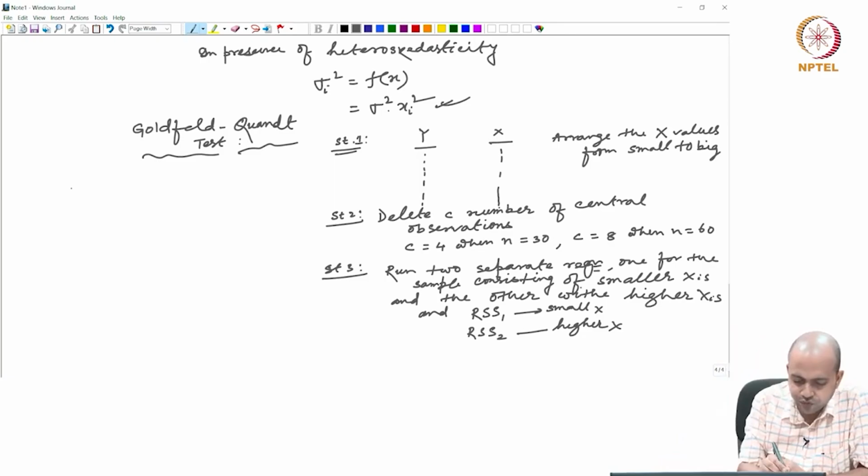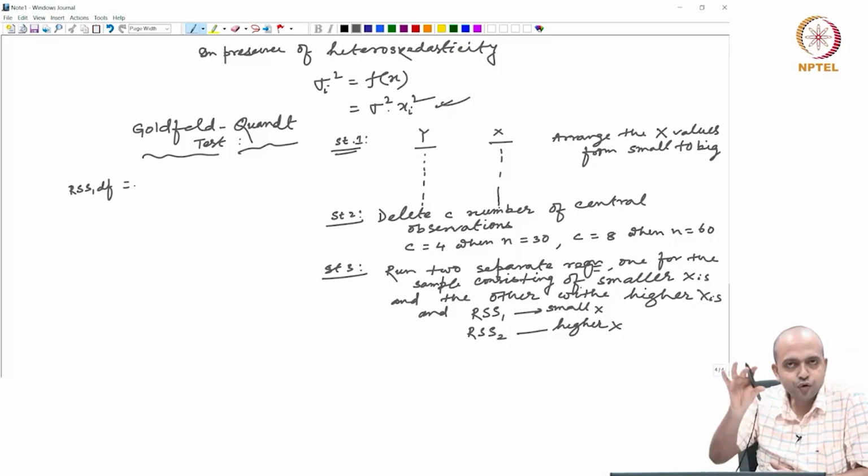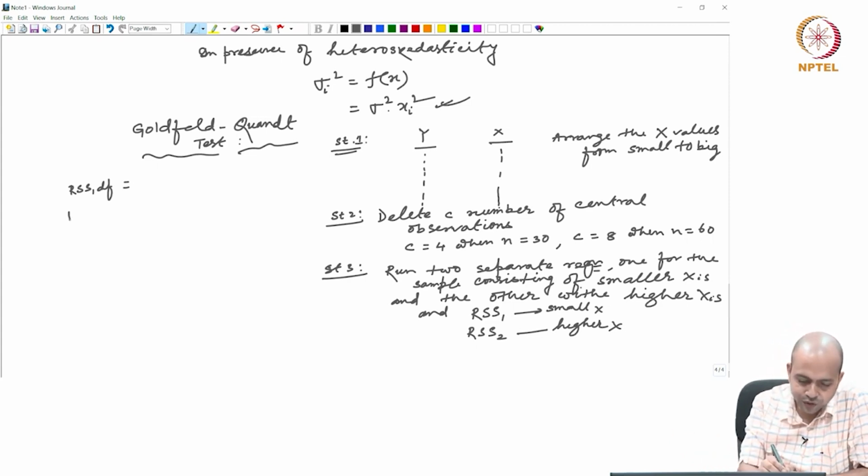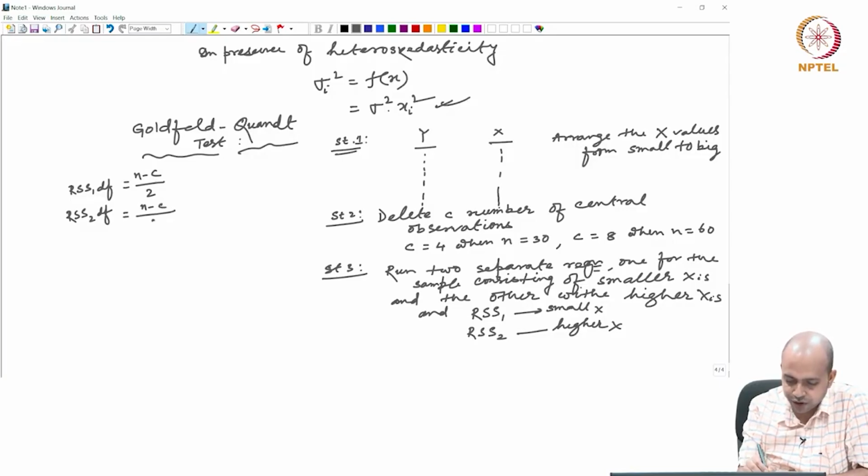Now, what would be the degrees of freedom for RSS 1 and RSS 2? Can you think of it? I have a total of n observations, and I have deleted C observations. It is very simple. Now you have n minus C by 2 observations for the first sample, and the second sample will also have n minus C by 2.